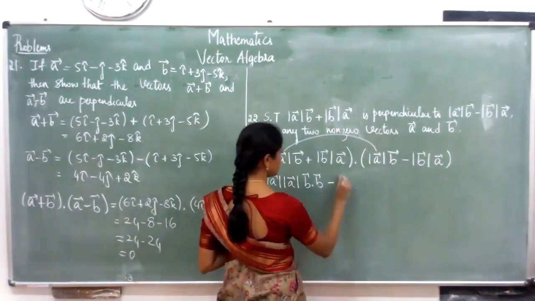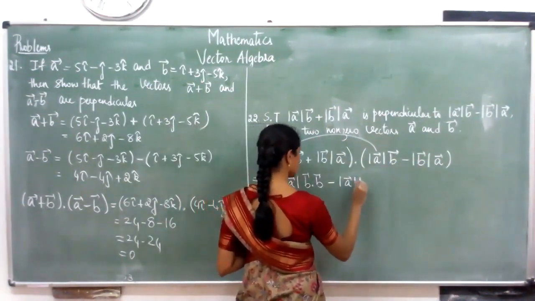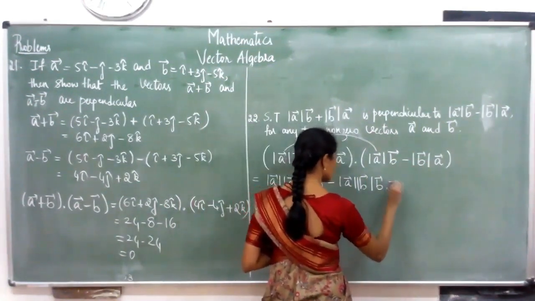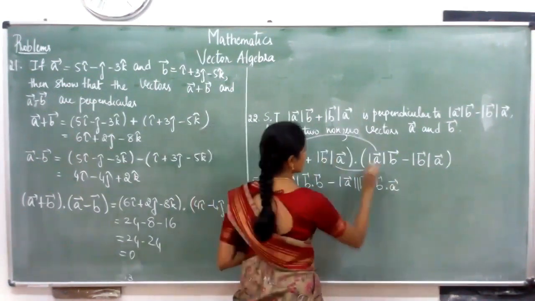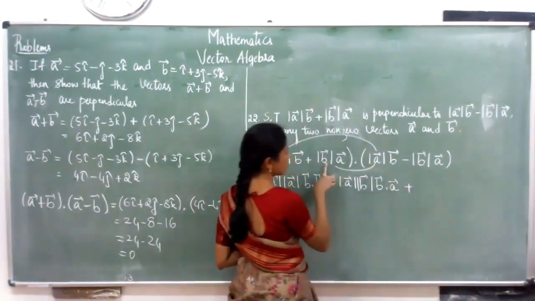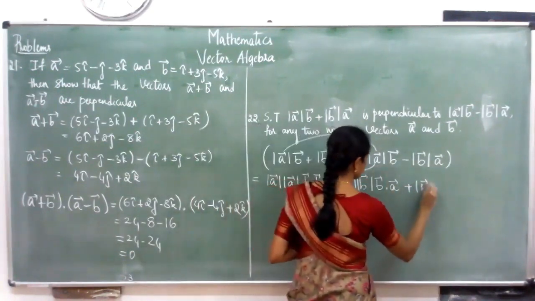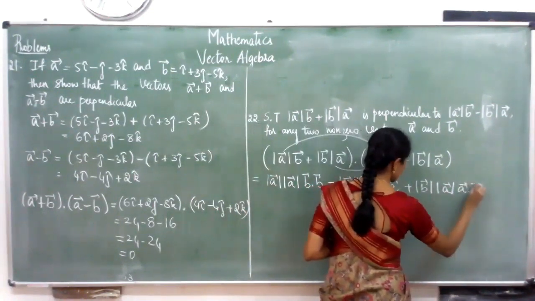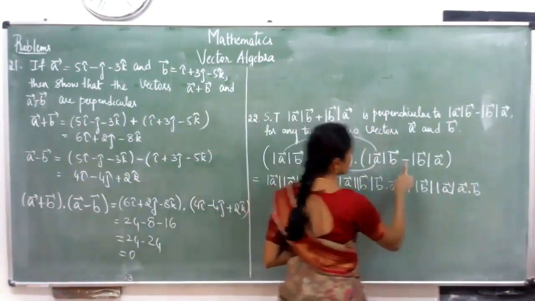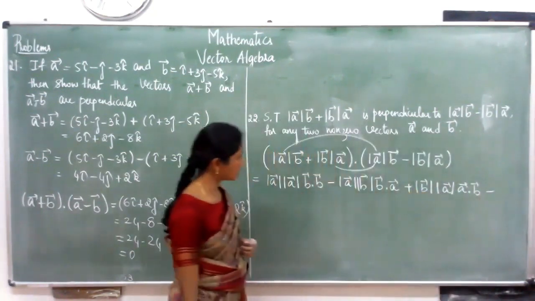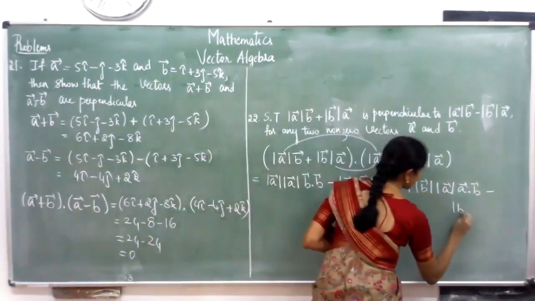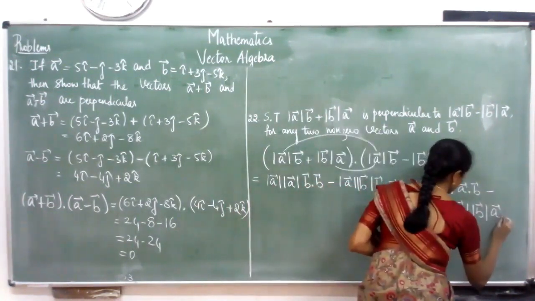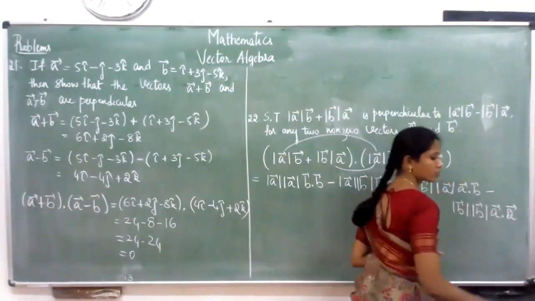So that will be minus magnitude of vector A, magnitude of vector B, then we have vector B dot vector A. Next, this one, so this will be plus magnitude of vector B, magnitude of vector A, then we have vector A dot vector B. And the final, plus into minus, it is minus.